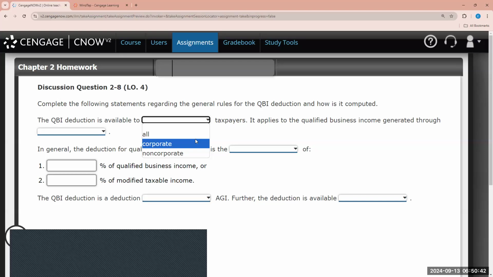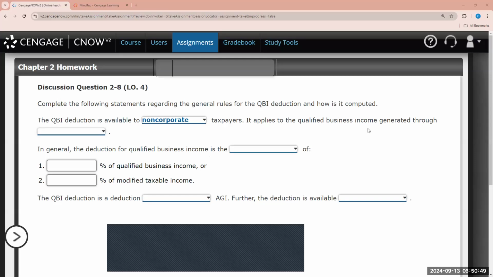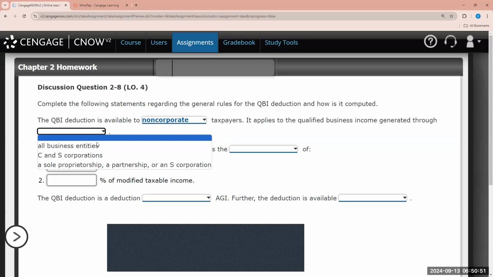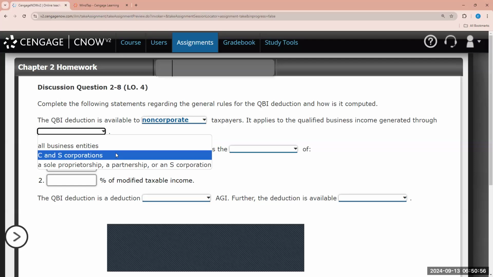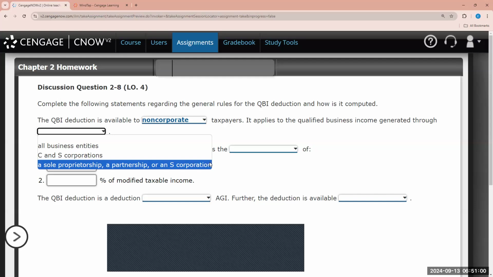Hence, the QBI deduction is available to non-corporate taxpayers. It applies to the qualified business income generated through all business entities? No. C and S corporations? No. A sole proprietorship, partnership, or an S corporation.